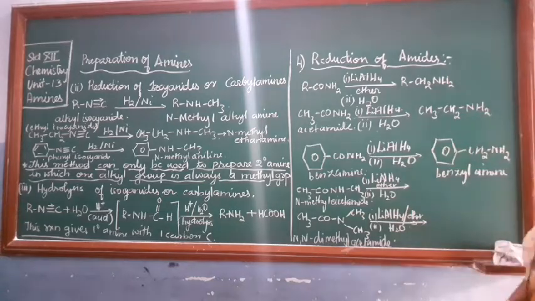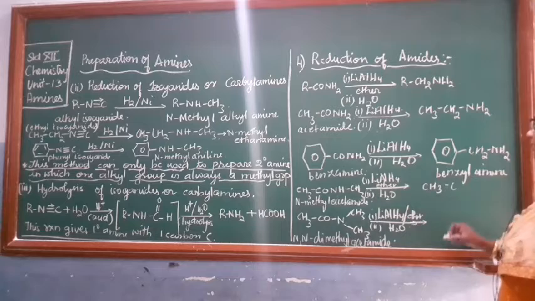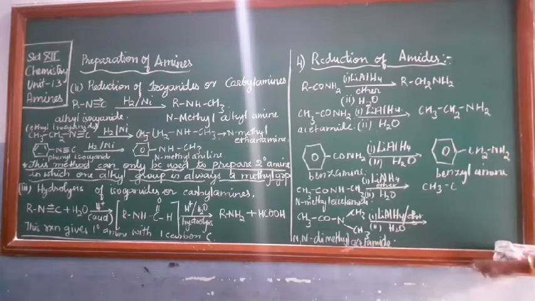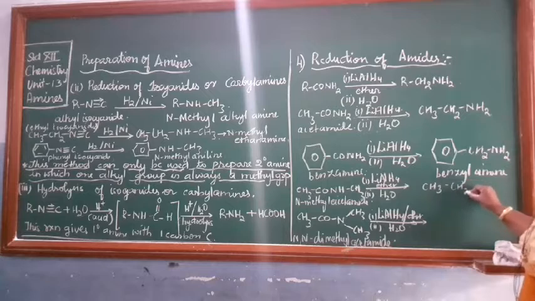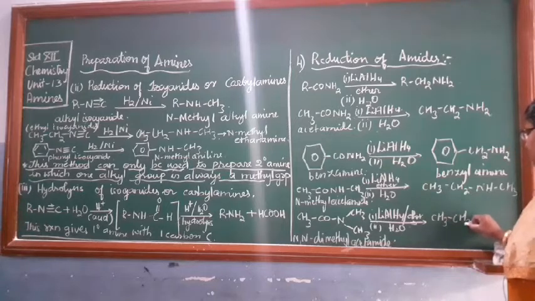Okay? Both of them you will get secondary CH3. यहाँ पे tertiary मिल जाएगा. यहाँ पे you will get what? CH3CH2NHCH3, and CH3CH2N(CH3)2.